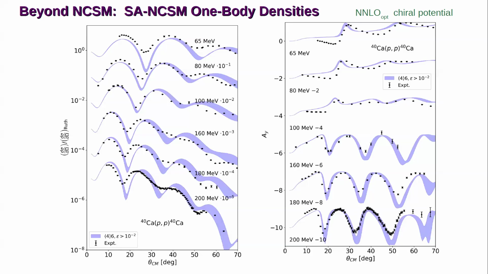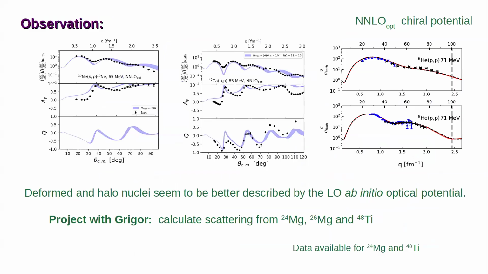But there's one observation which I want to go back to. We found that for helium, even up to higher momentum transfer, the data are described quite well at the low energy. For neon, it's also not that bad. It's certainly better than for calcium. So what is the difference between those nuclei? Helium is a halo.